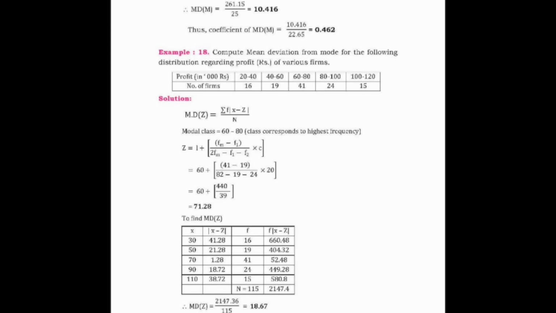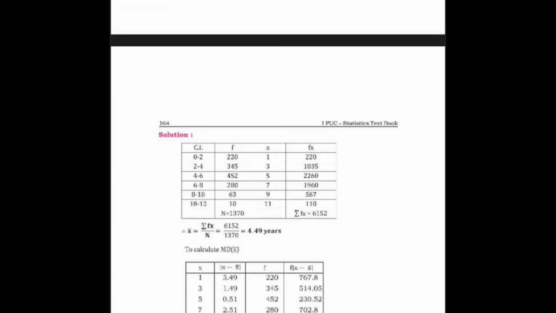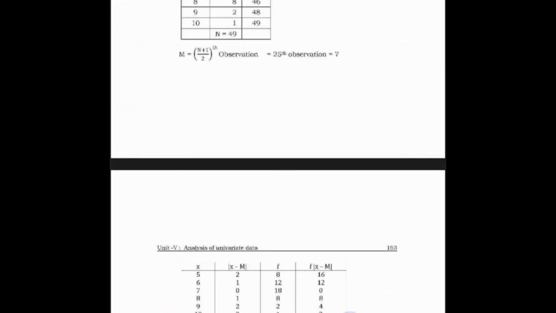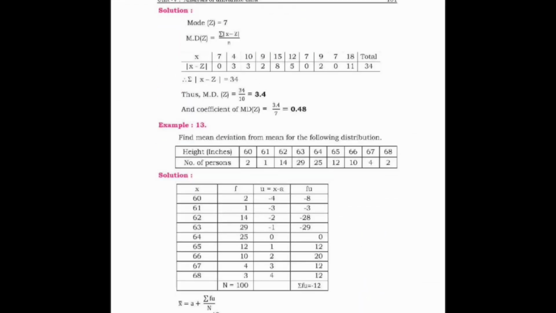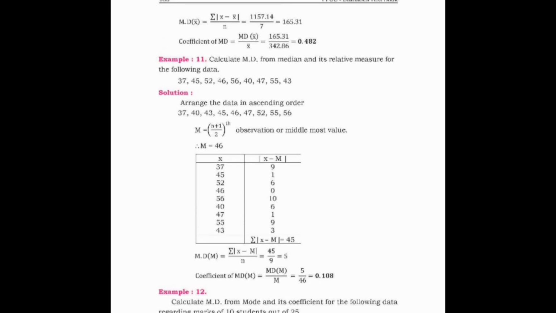Then how do we calculate mean deviation from mode? Okay, we are calculating mean deviation from mode. Example 12 is given: calculate the mean deviation from mode and its coefficient for the following data.